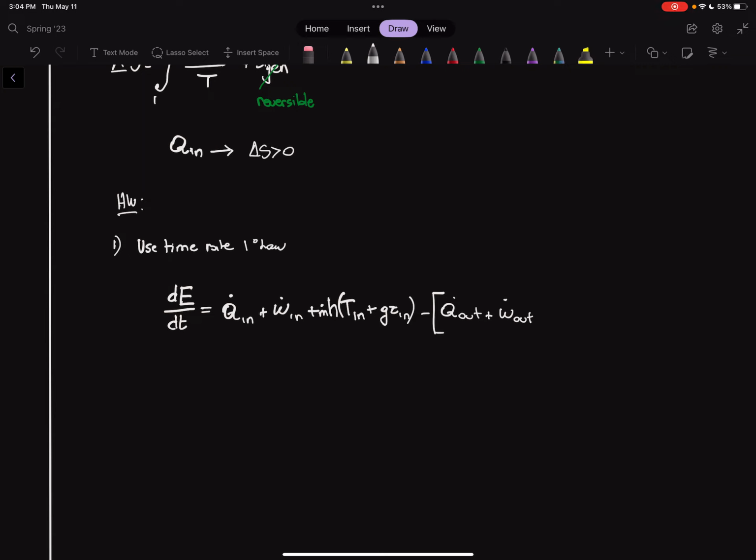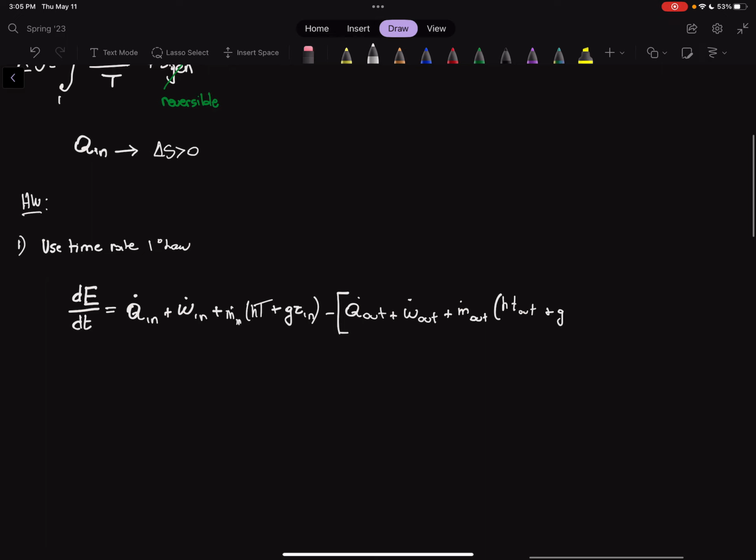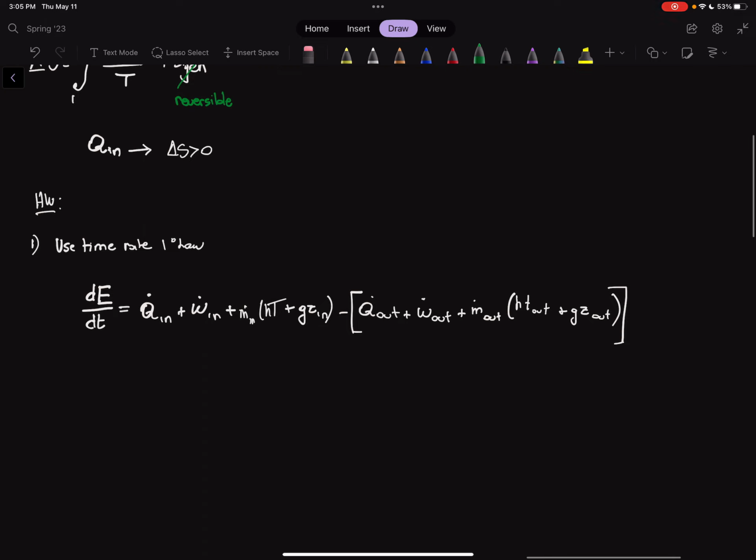Okay? You remember that? So here you can combine h plus V squared over 2 into HT directly. So you only have HT plus gZ. Here there is no work because it's not a compressor, it's not a turbine, there is no moving part, no mechanical part, so there is not either power used or power produced, so nothing here. There is no Q out because we only bring some heat in, so there is only Q in.